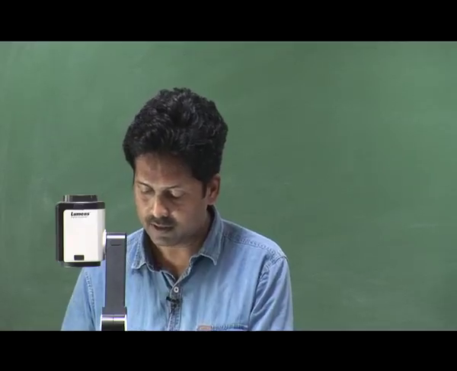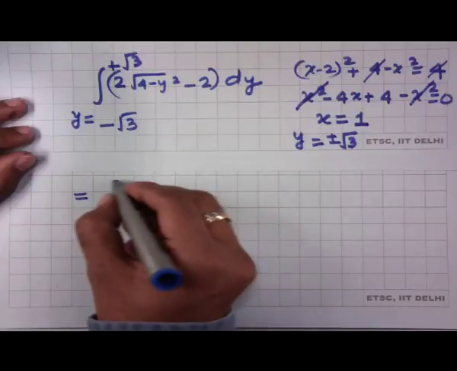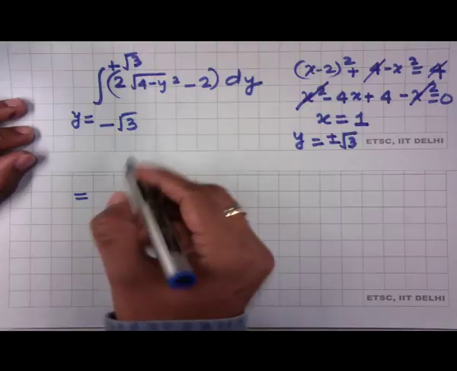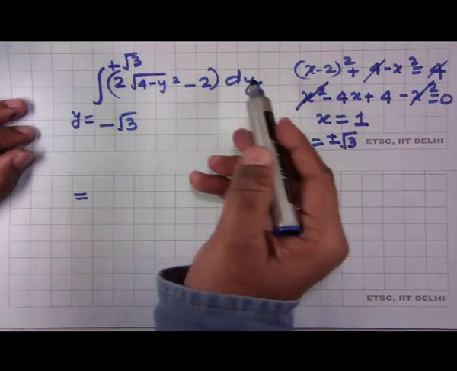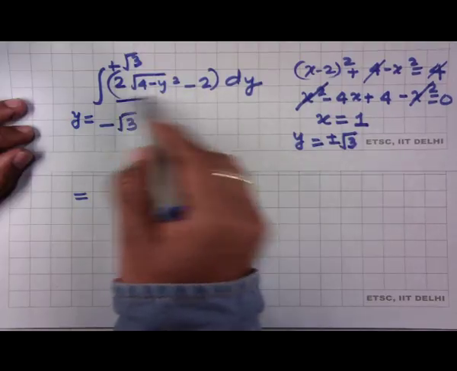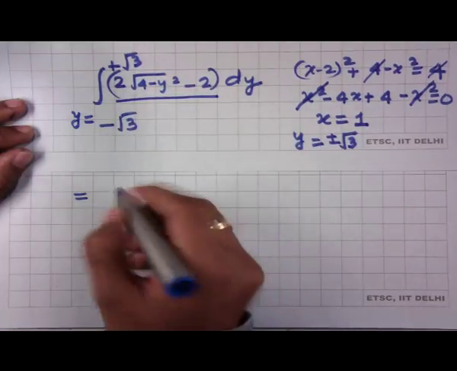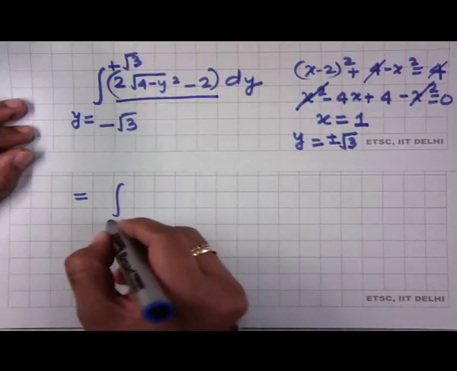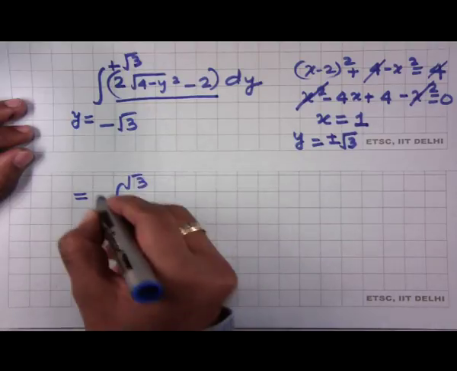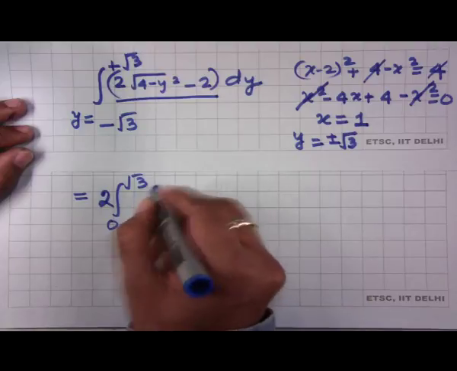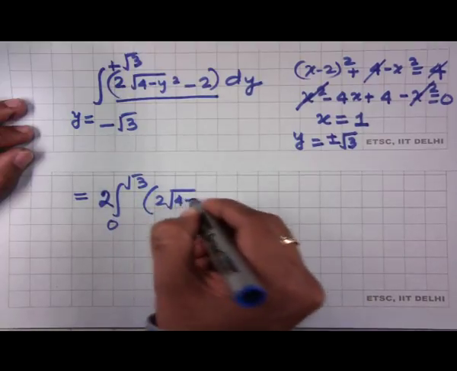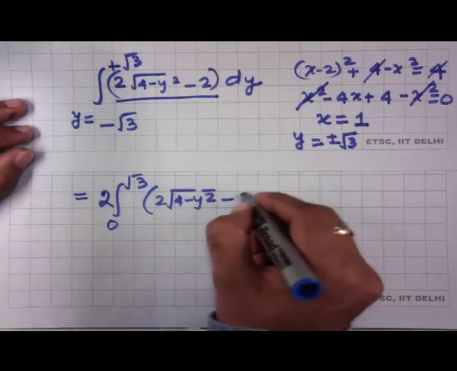Well, let us solve this integral. You can see that this integral is from minus a to a of f(y) dy type, where this integrand is an even function of y. Therefore, you can write this as twice of 0 to root 3 of under root 4 minus y square dy.